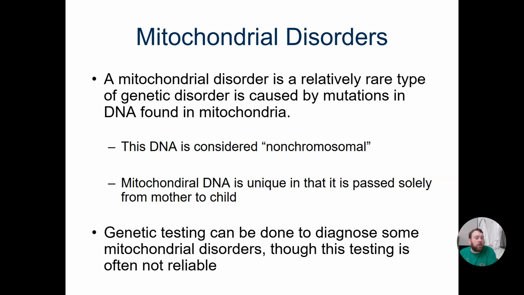And it's unique because this mitochondrial DNA is only going to be passed from the mother to the child. That's because the mitochondria from the sperm cells are basically destroyed by the time the sperm cell gets into the egg, whereas the egg's mitochondria last pretty long through the gestation and development process of a zygote.